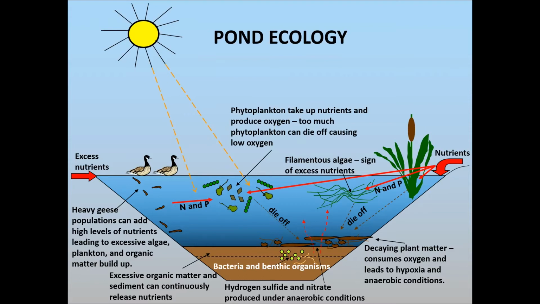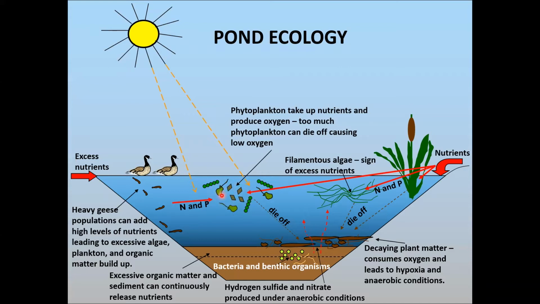I want to talk a little bit about basic pond ecology here. This diagram is showing a lot of different activities going on. But certainly we have nutrients coming in, whatever the source, certainly waterfowl and other wildlife, turf fertilizers, whatever the case may be, adding nutrients to the pond. And all aquatic plants thrive on nutrients as well as sunlight and warmer temperatures.